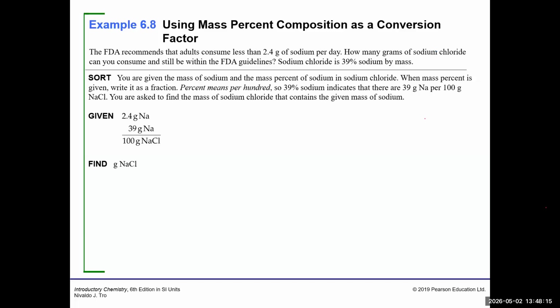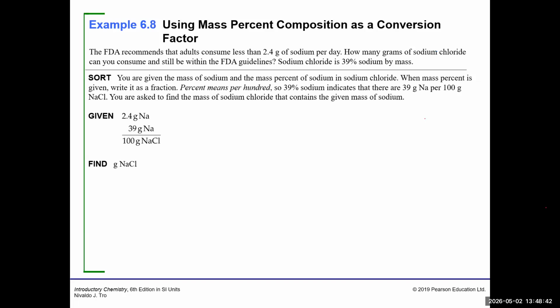So you can say it's 39 grams of sodium per 100 grams of sodium chloride. It's permitted to do it that way.